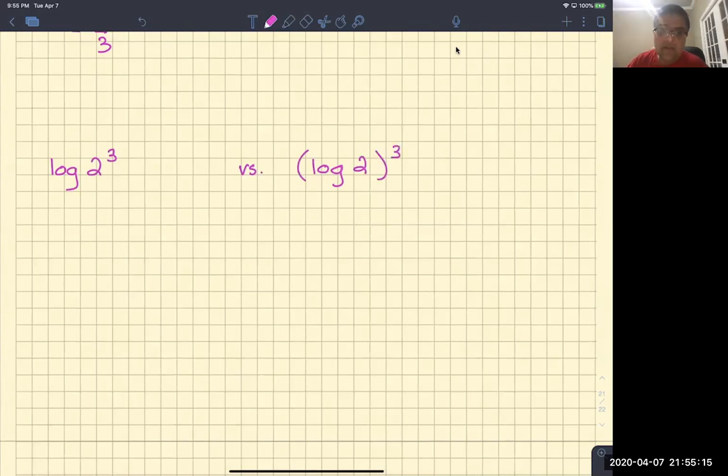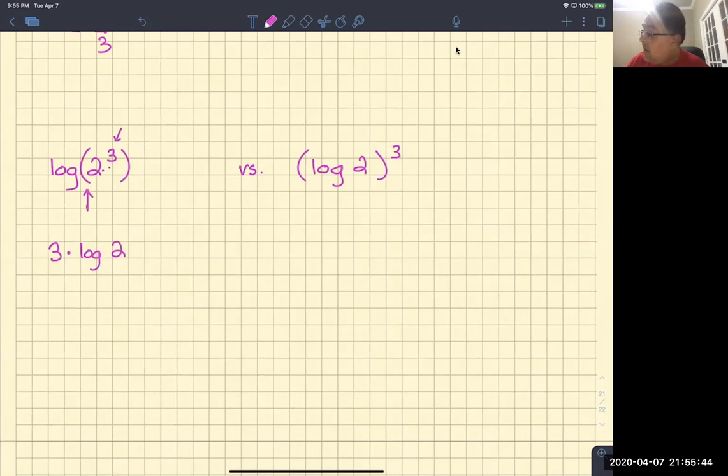The common log of 2 cubed can be rewritten using the power rule as 3 times the common log of 2. Because I'm taking the log of an exponential, okay? The exponent here, 3, only applies to the 2, okay? So 2 is the only thing being cubed because the base of the exponent is 2.